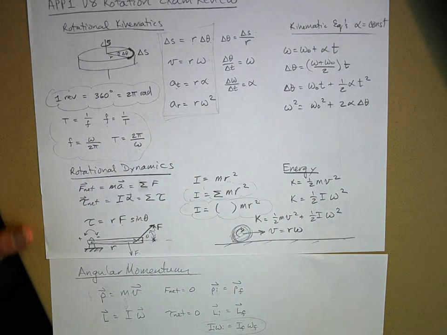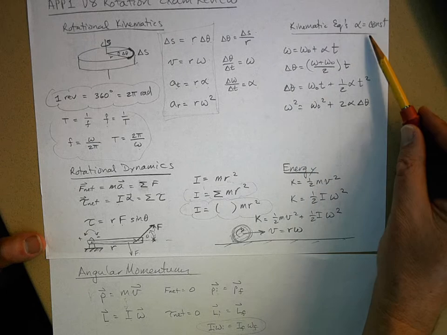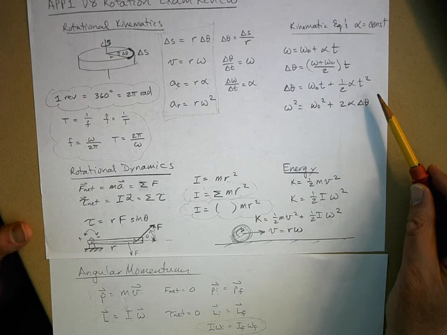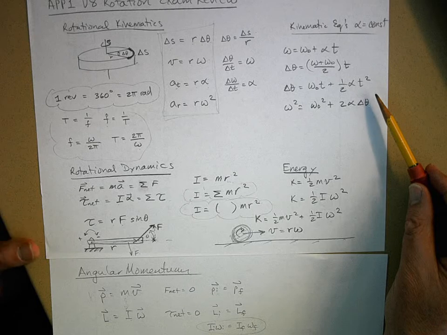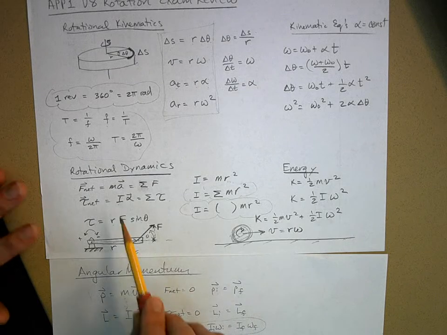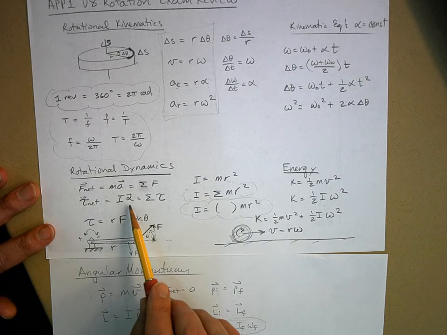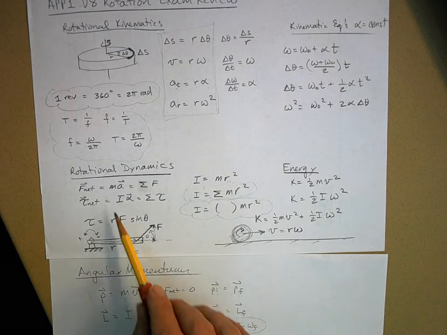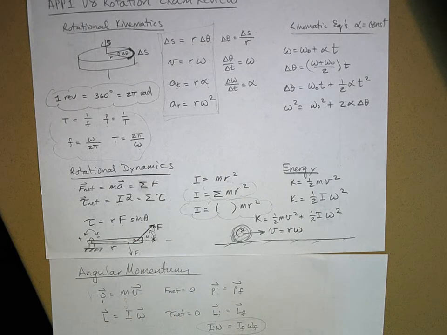I'm going to give you a situation where the angular acceleration is constant. Can you use the kinematic equations? Then I'll give you some object that will have more than one torque on it, and you'll have to add up those torques and then figure out what the angular acceleration is. I'll give you the rotational inertia, or you'll have to solve for it.